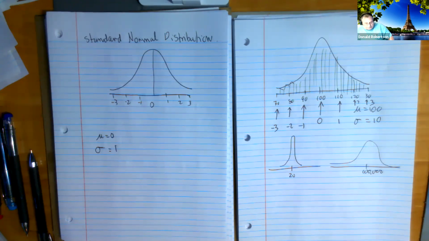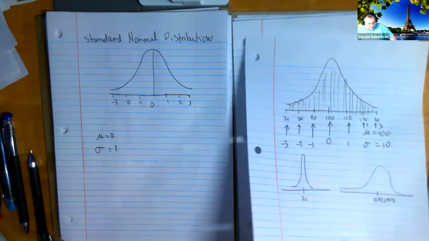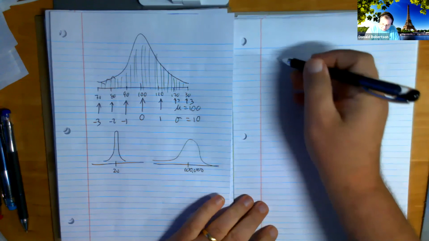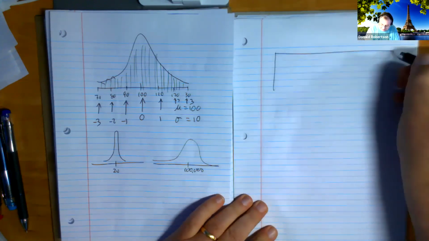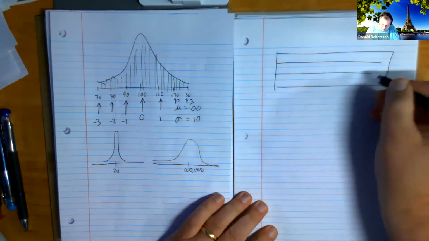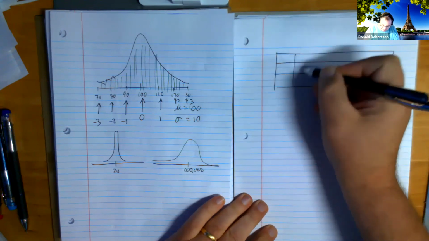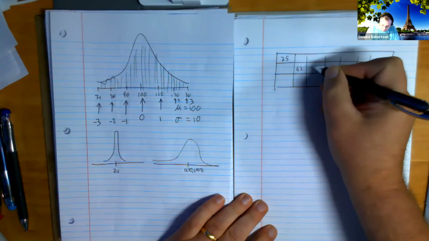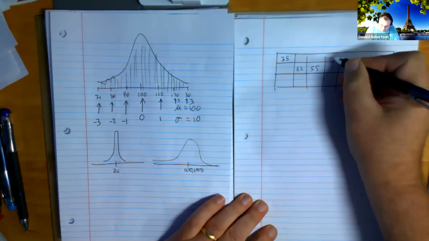So suppose we were given a whole load of data, and I'm not going to do it because it would take me forever, but suppose we collected lots and lots of data on people's heights. Whatever, right?